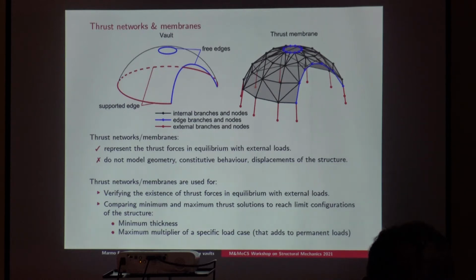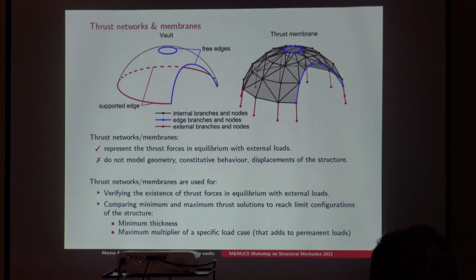How can we use this kind of analysis? We can use it by verifying the existence of the truss forces inside the structure, or truss membrane forces, that are in equilibrium with applied forces, or we can use it to find a maximum multiplier of some applied load, and so to perform a limit analysis of the structure, or to find the minimum thickness for that structure.